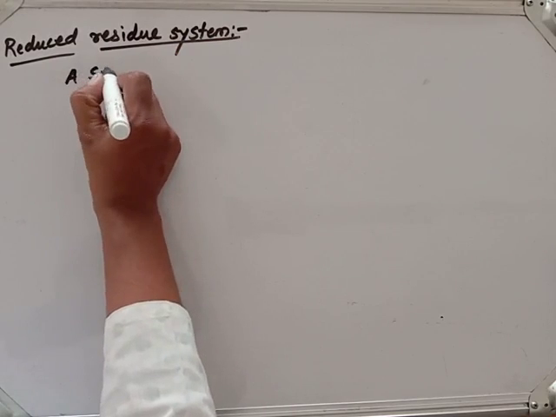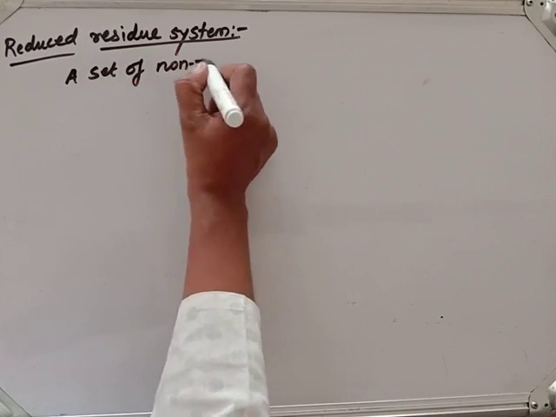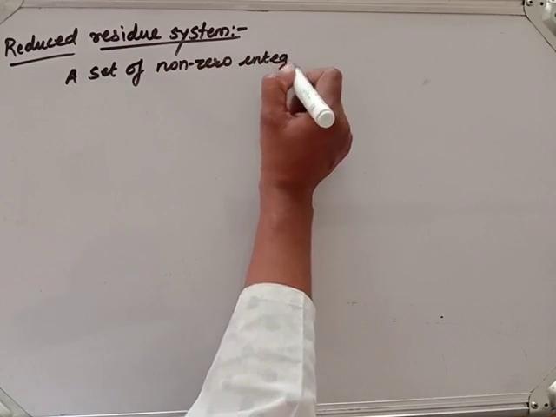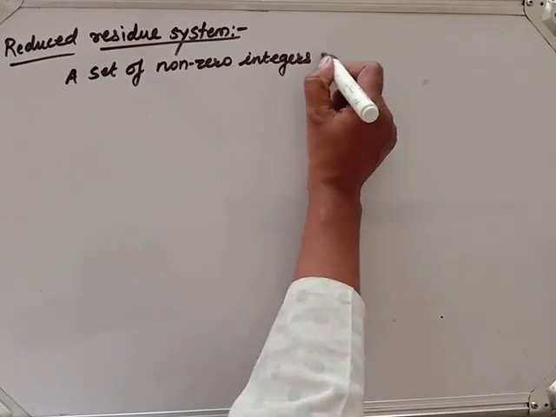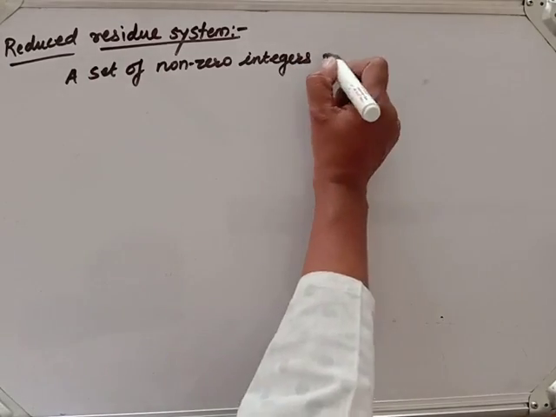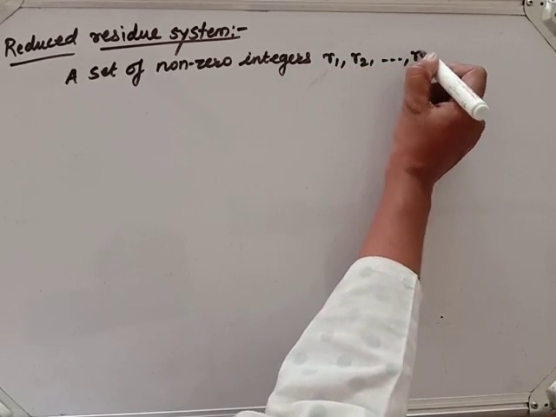A set of non-zero integers, let me take r1, r2, so on up to rk.